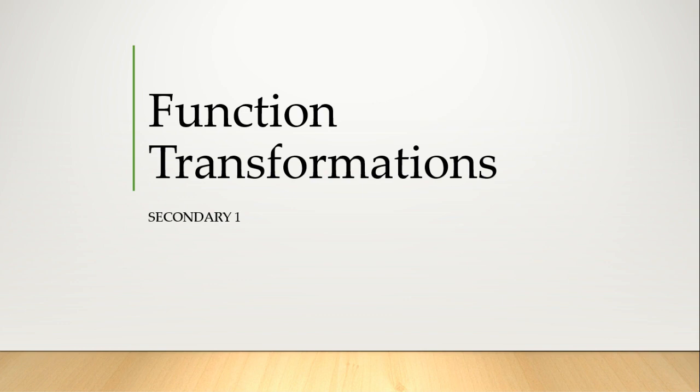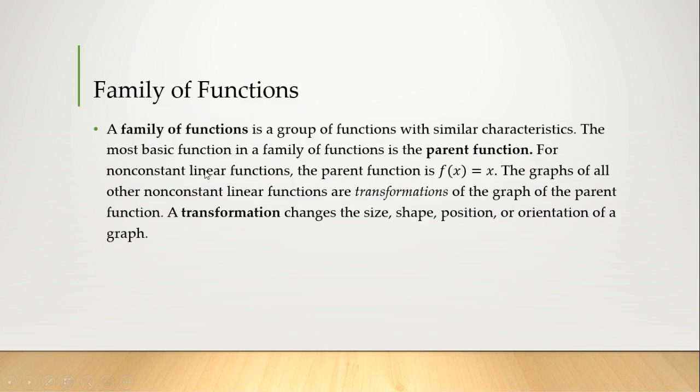The first part of this that we're going to talk about are the family of functions. Now, a family of functions is just a group of functions that have similar characteristics, such as the linear family of functions. They all have constant slope. The parent of a family of functions is the most basic form of that family.